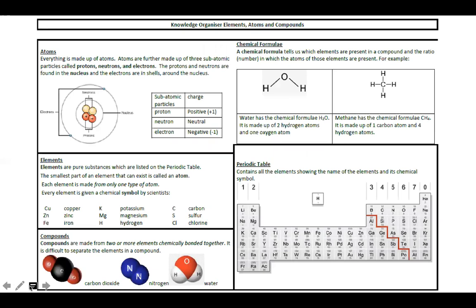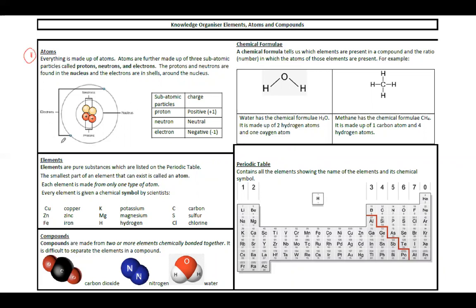So in year 7, you would have had a look at elements, atoms and compounds. I've just taken this knowledge organizer from the year 7 booklet. You would have started off by looking at atoms, and if you remember, everything is made up of atoms.